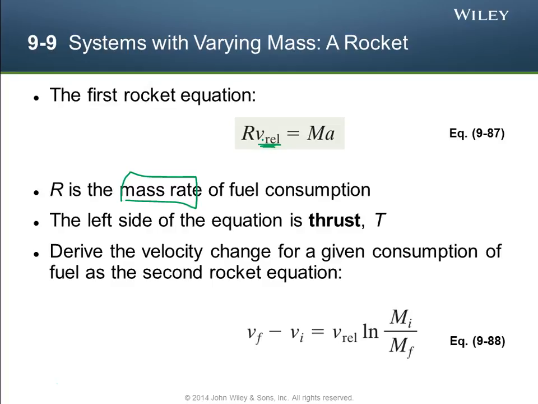Now we're talking about the relative velocity between the gas and the rocket, the exhaust of the gas coming out of the rocket. That will equal the total mass of the rocket times its acceleration. And so that's what's kind of unique, tricky, and elegant here.